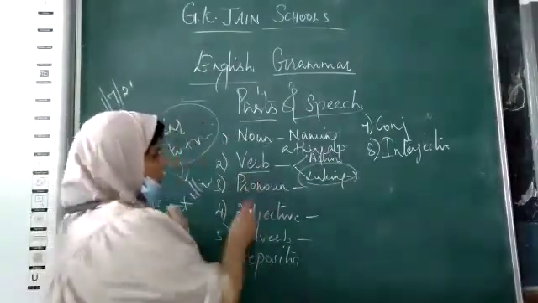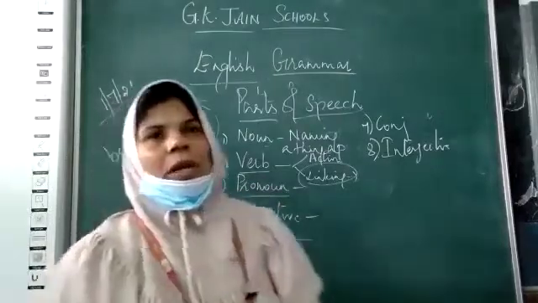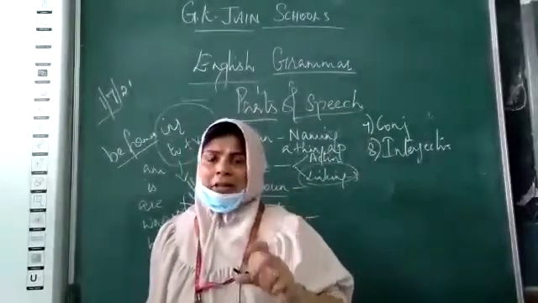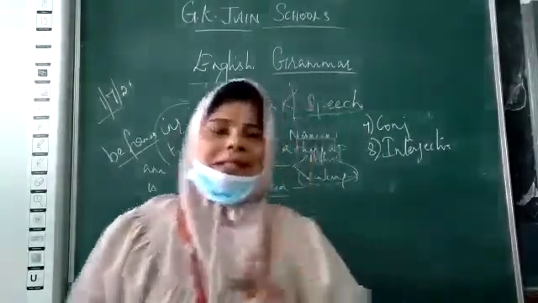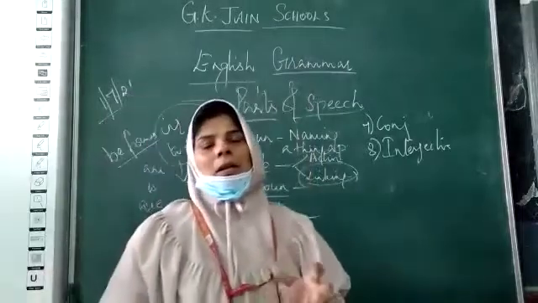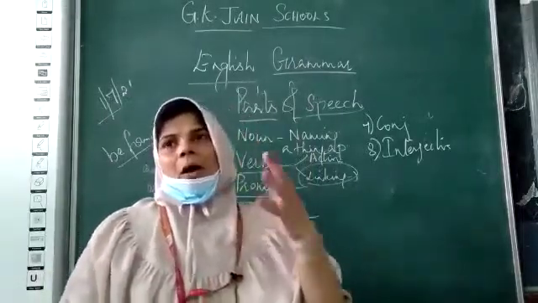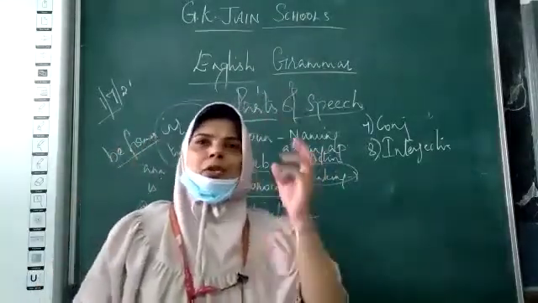Moving on to the next one, pronoun. Now, when I tell you a story, for example the story of Little Red Riding Hood, I hope you all would have heard about this story. There was a little girl named Little Red Riding Hood, and she was named so because from top to bottom, her entire attire used to be red in color.